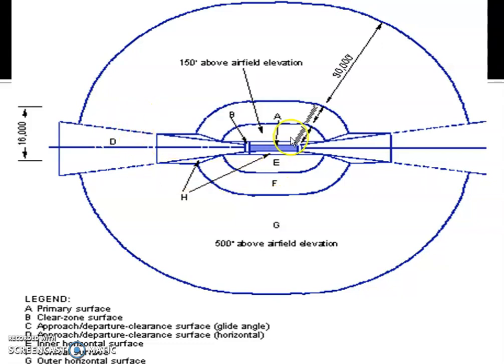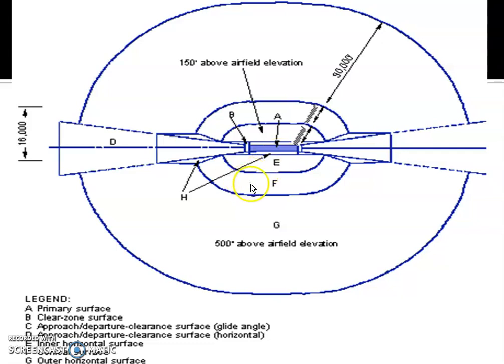Then E is the inner horizontal surface. You will be able to see three ellipses: this is the inner one, this is the middle one, and this larger one is the outer one. The space filled in the inner one, E, is the inner horizontal imaginary surface. It should be free from any obstruction.